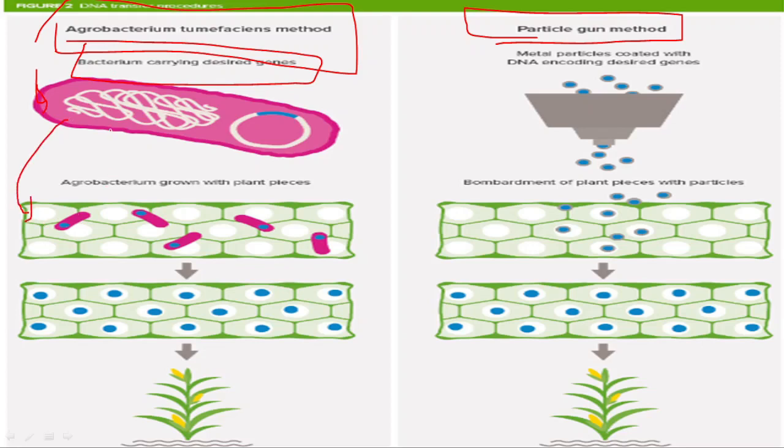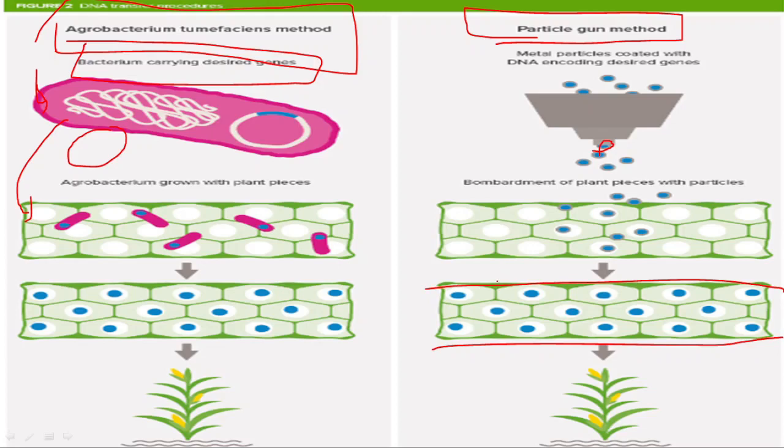The wall of the bacteria soon decomposes and this gives the foreign DNA access to the genome of the host organism. In the second, the particle gun method, the genome of the foreign organism is bombarded onto the genome of the host organism.